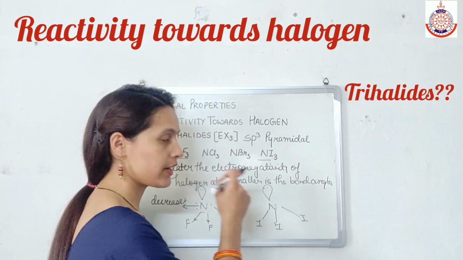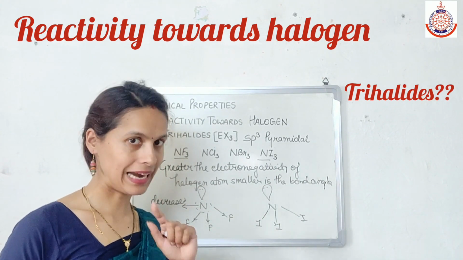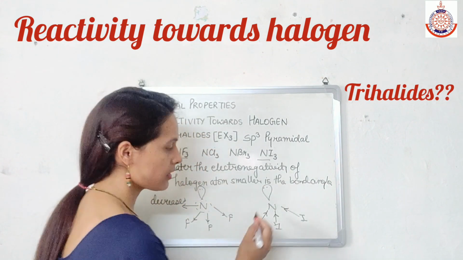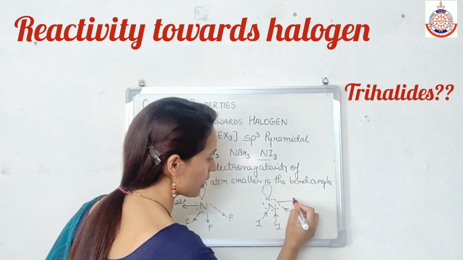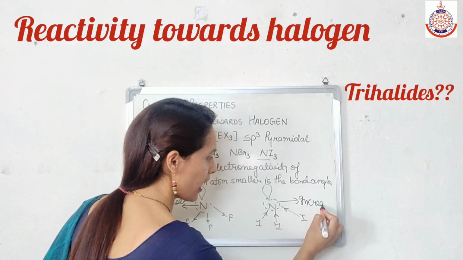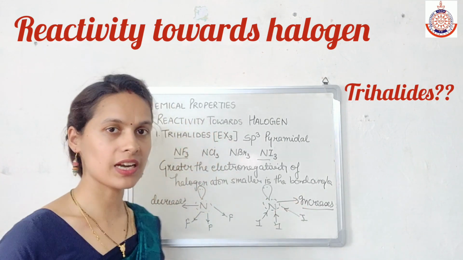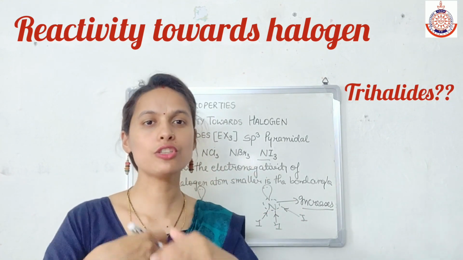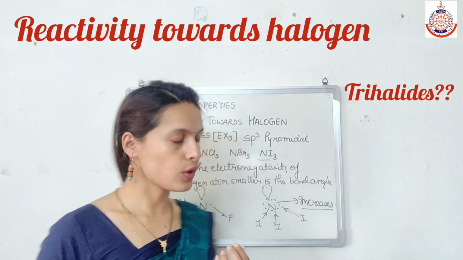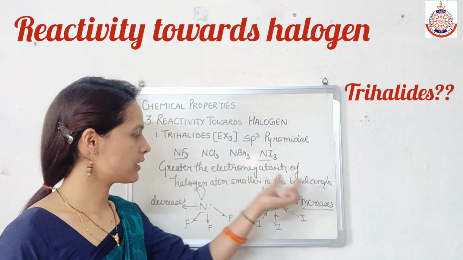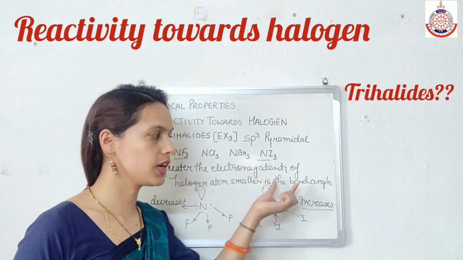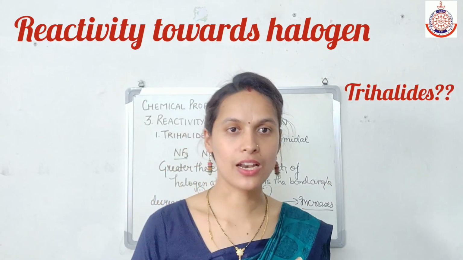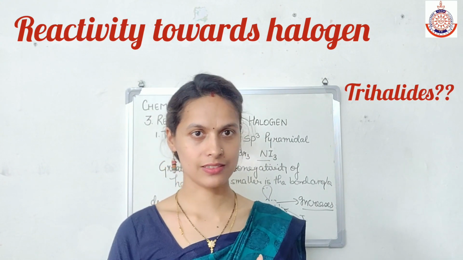But in NI3, nitrogen is more electronegative than iodine, so the electrons will shift towards nitrogen, as a result of which the electron cloud around the nitrogen increases, and due to the increase in the electron cloud, there is a repulsion between the bond pairs, as a result of which bond angle increases. So, greater the electronegativity of the halogen atom, smaller is the bond angle. With increase in the electronegativity of the halogen, bond angle decreases.